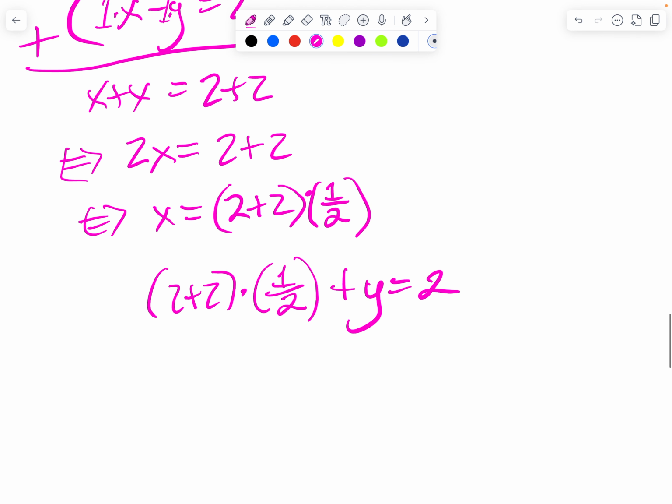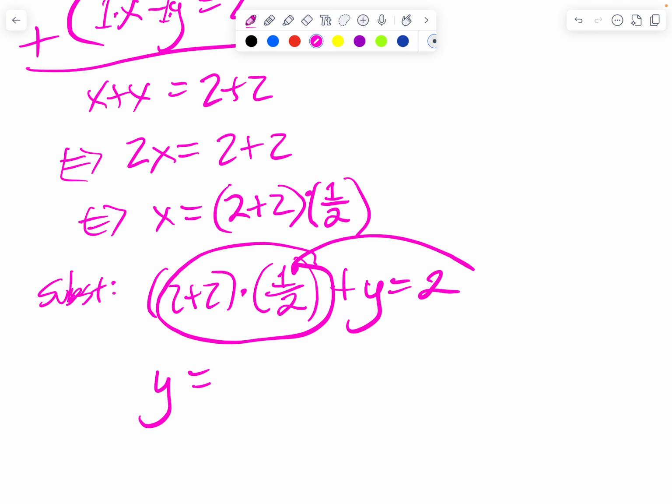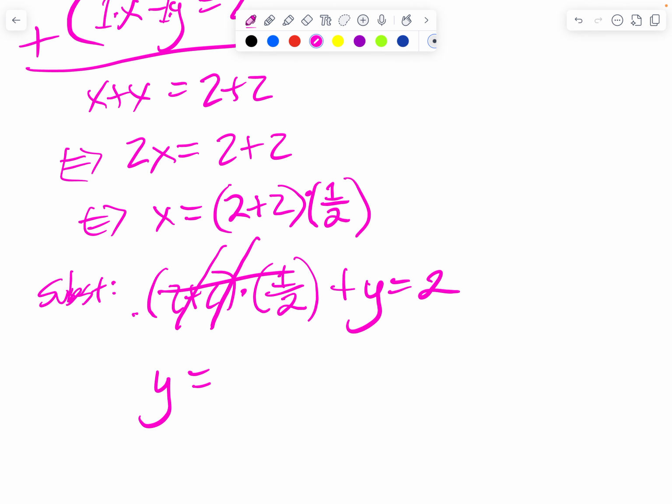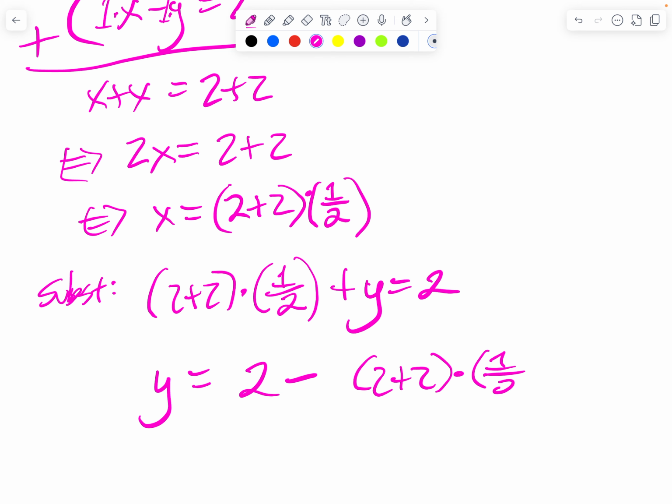So what is the y value? There we go, we're substituting. Well, subtract this number from both sides. This may as well just be a number symbol, okay? It's a long name for a simple thing. So I got 2, and then minus this guy. Okay? That's the answer.